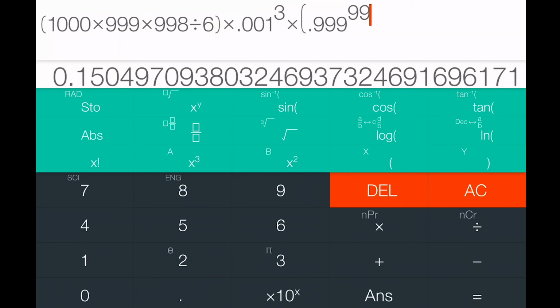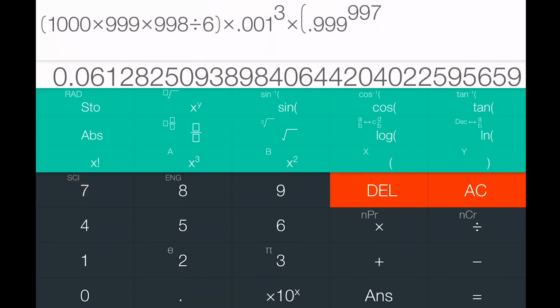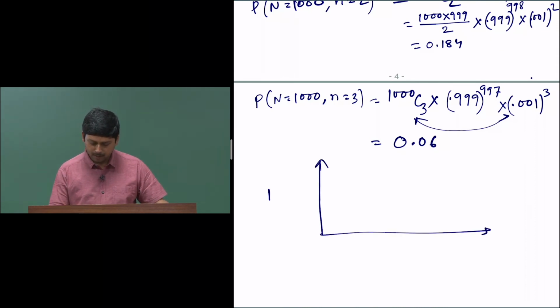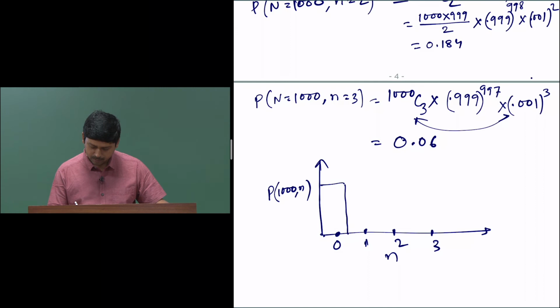It will be almost 0.368 though. We got 0.06 as the result. Now, if you plot a bar diagram of those probabilities, P_n(n), which is N equal to 1000 and small n equal to 0, 1, 2 and 3: for 0 it was 0.368, and this is also 0.368.